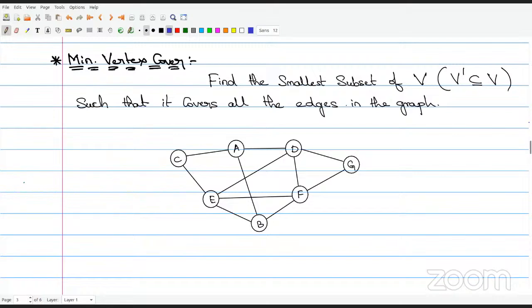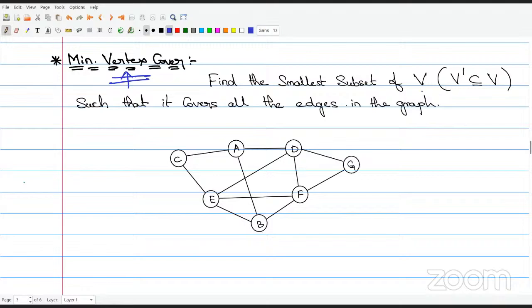This is also a term in graph theory. Minimum vertex cover means we have to find the smallest subset of the vertex set. So this is related to vertices.